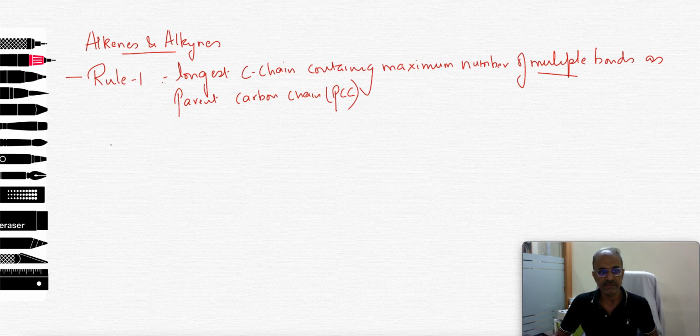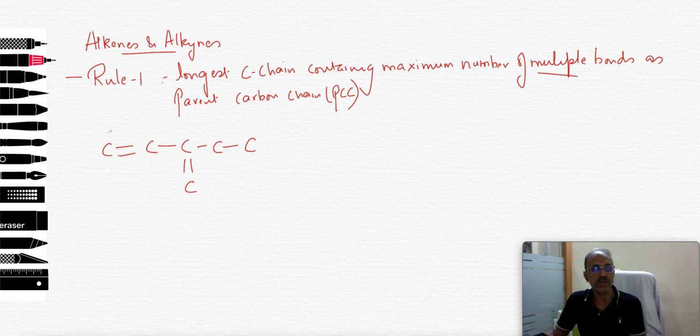Take for example, if normally we see 1, 2, 3, 4, 5, as we have seen in the previous lectures, this will be a 5 carbon straight chain.